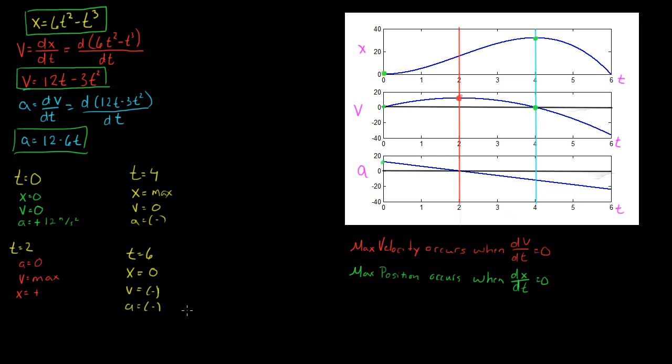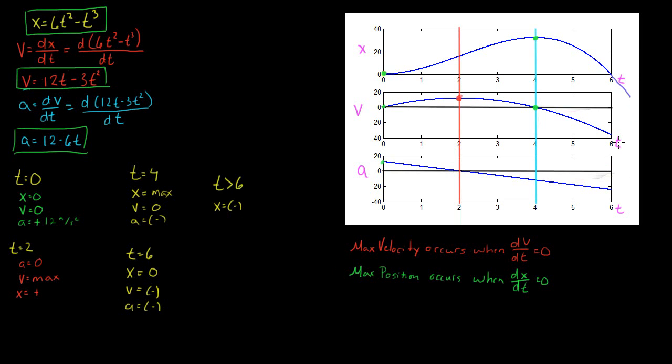At time greater than 6 seconds, our position is now a negative number because it's trending down like this.